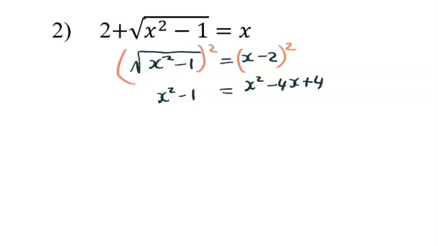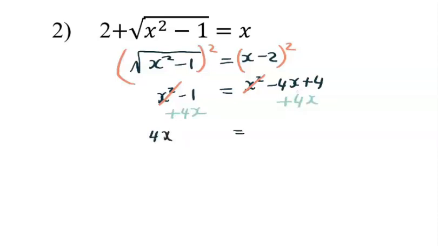We immediately see that we have x squared on both sides, so we can subtract x squared on both sides, and then we have no term containing x squared. If I add 4x on the right hand side, I must also do it on the left hand side. So I will get 4x on that side.